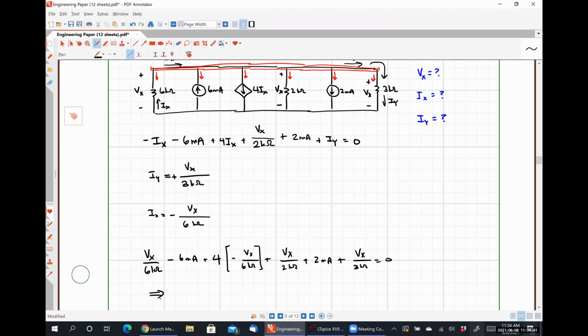Solving this gives us Vx equal to positive 12 volts.